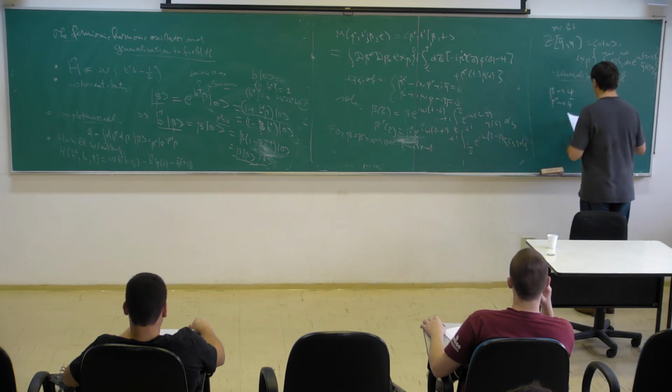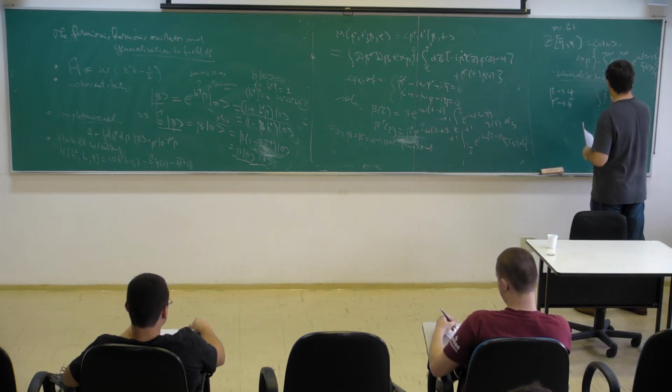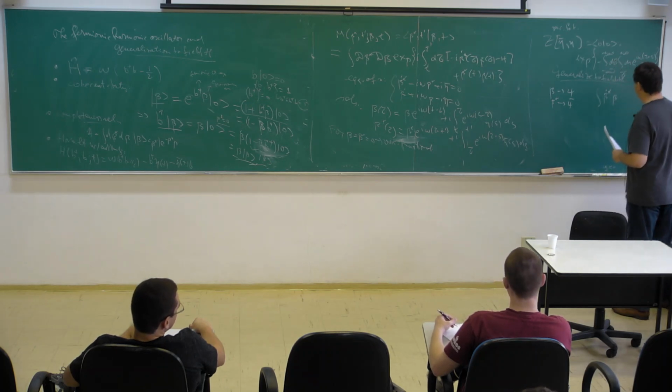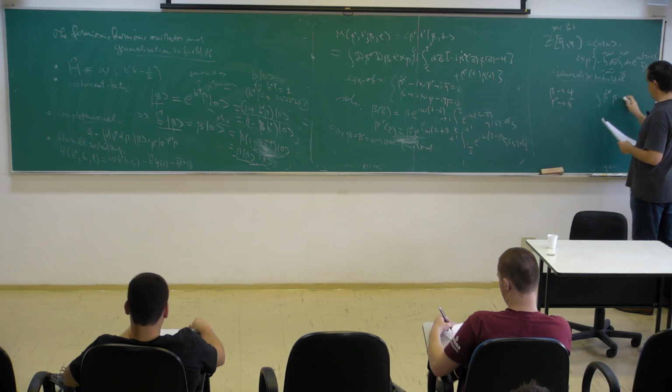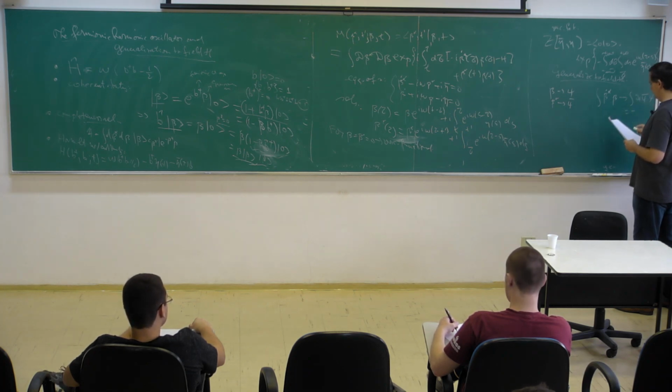And then integral beta star dot beta becomes integral dt psi bar dot psi, or, taking a partial integration, minus integral psi bar dt psi.